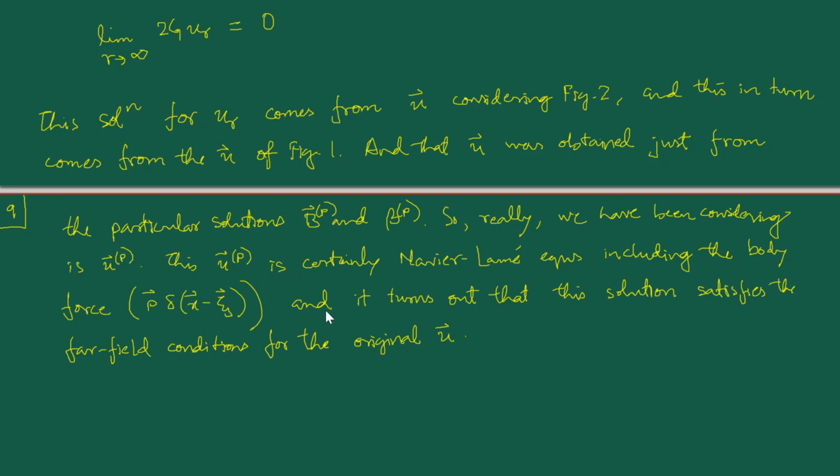The extra condition was the far field boundary condition, that U must tend to 0 as we go far away from the point of application of the body force. And that condition is very much satisfied by the particular solution itself, as we have just seen here.